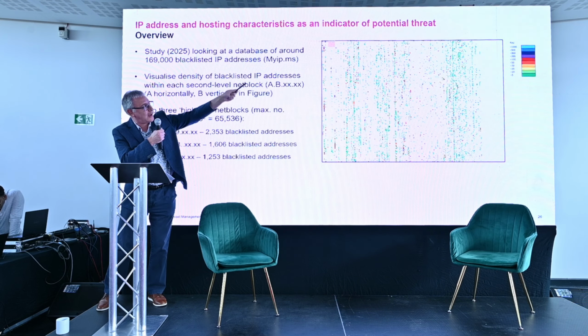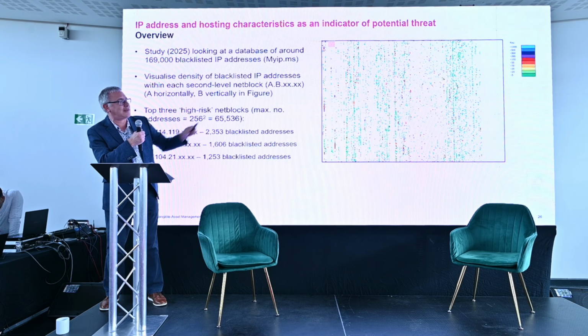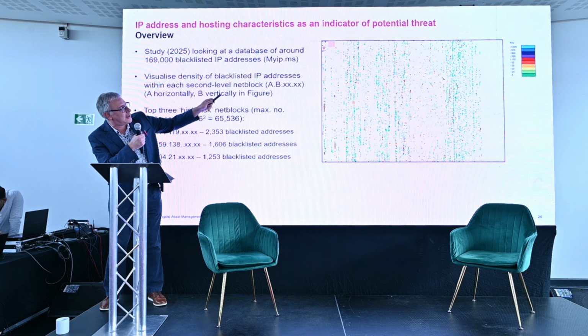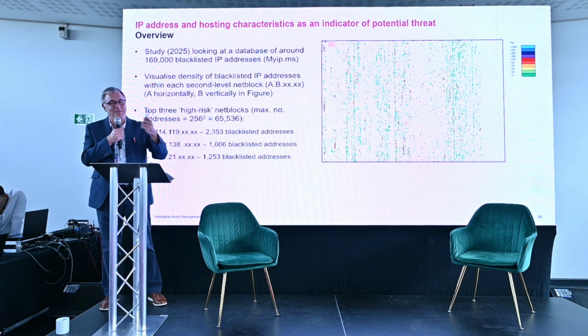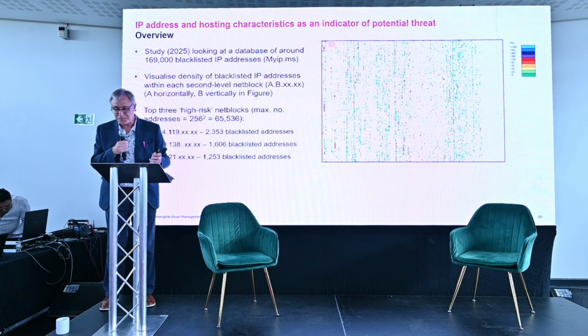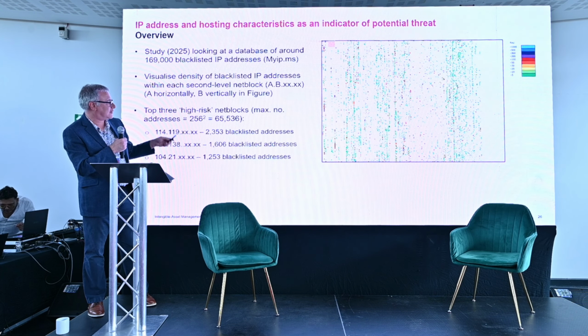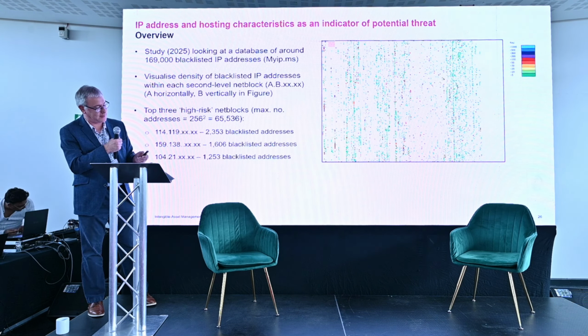The A is going along the horizontal axis, B is going down the vertical axis. And so what we can see is hotspots where there are particular net blocks where there tend to be more blacklisted IP addresses, maybe high risk net blocks that are popular with infringers again. So really, this is looking at the hotspots of activity.